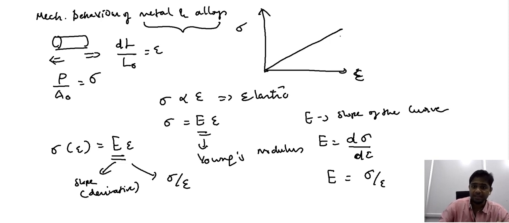So given the nature of the line here, given the nature of the elastic behavior, irrespective of the strain, be it epsilon 1, be it epsilon 2, the slope at each and every point is constant.